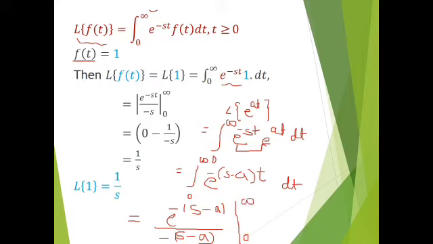When we plug in the upper limit, we get 0, and when we plug in the lower limit, we get 1 upon s minus a. So we conclude here the Laplace transformation of e to the power at is 1 upon s minus a. Please remember, s is always greater than a. We will see some more functions in our next slide.